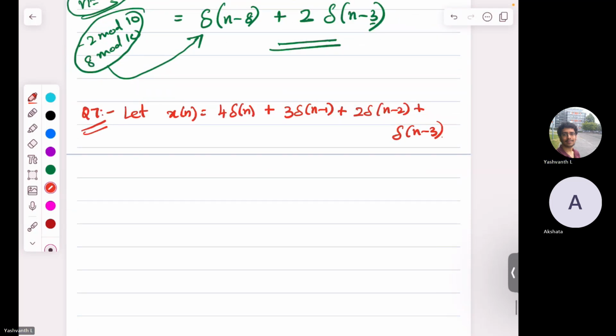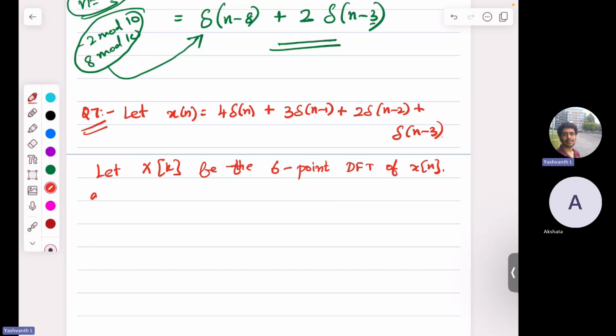Then, let x of k be the 6-point DFT of x of n. I'm taking the 6-point DFT of x of n.